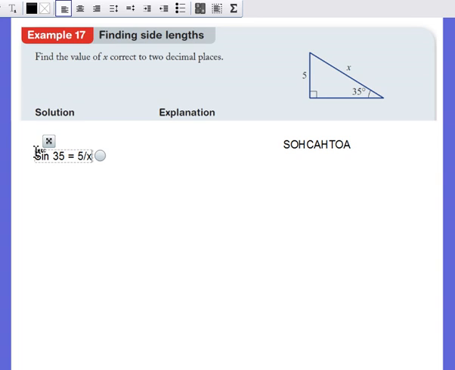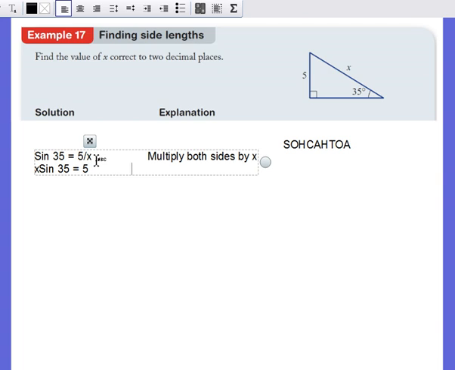And I want to find x, so I'm going to multiply both sides by x. This is going to give me x sine 35 is equal to just 5, because divided by x and times x cancel each other out.